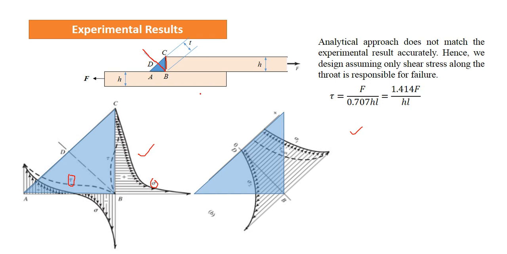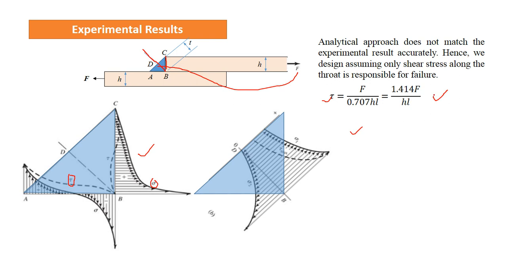This gives us a simple expression: the shear stress is load divided by 0.577 times the resistance over here. We assume that this load F is responsible for failure, not the component of F that we discussed in the slightly more complicated analytical method.